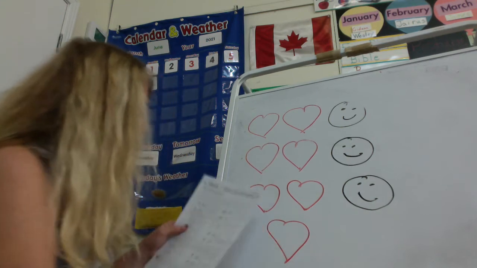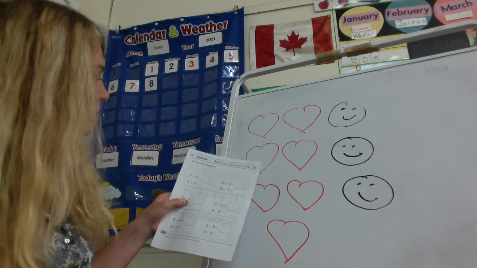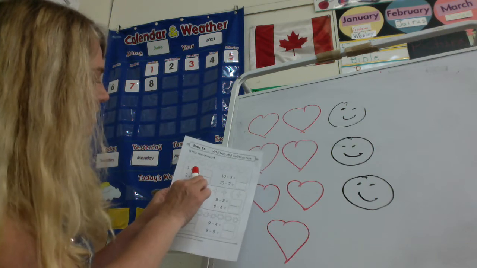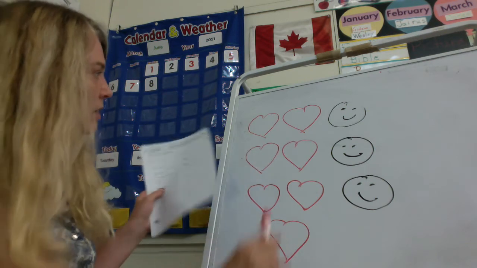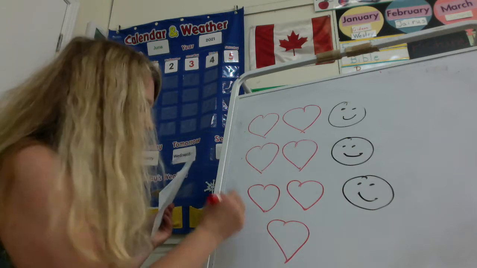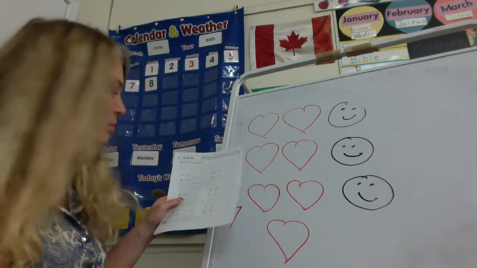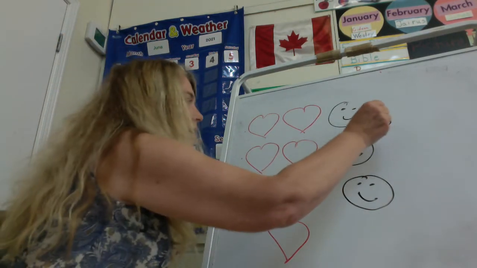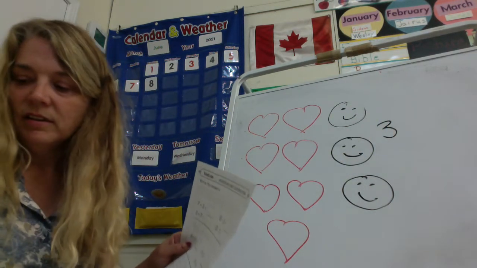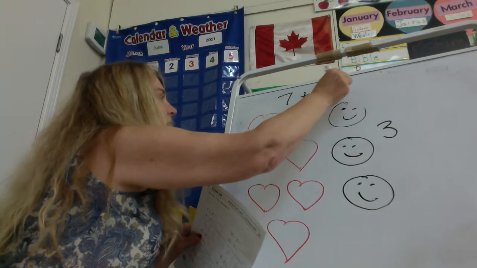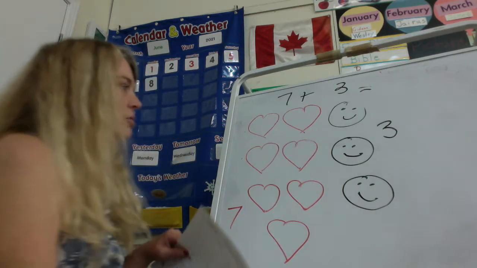All right. So let's count. Our first question is 7 plus 3. 1, 2, 3, 4, 5, 6, 7 hearts. 7 hearts plus 3 happy faces. So 7 plus 3. How many pictures do we have all together?